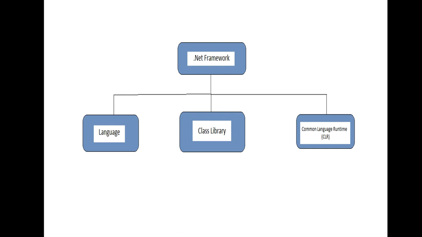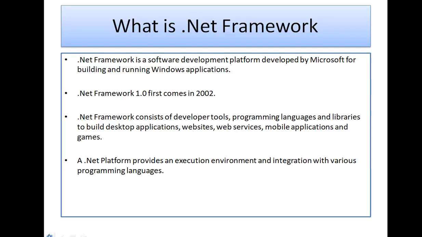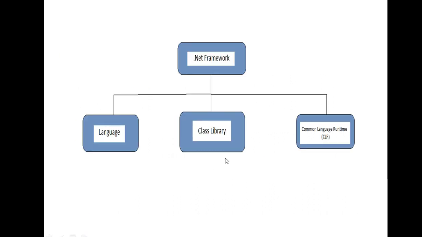The other part is the class library. In the previous slide, I wrote the libraries. That is nothing but these class libraries, which come built in with the .NET framework, and which help us compile our applications.